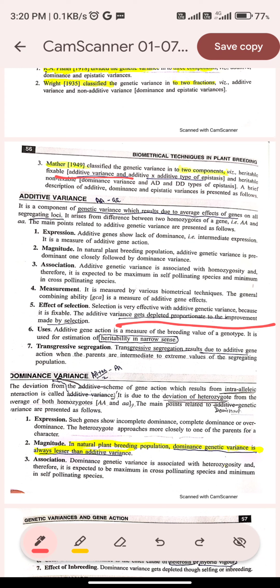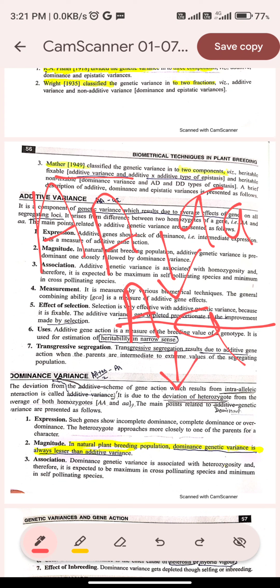If you have AA type homozygous progeny, the next generation will give capital A and small a, and when you further self them, what type of progeny will you get? Capital A capital A, capital A small a, and small a small a.